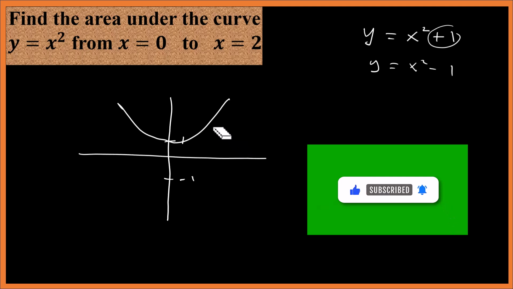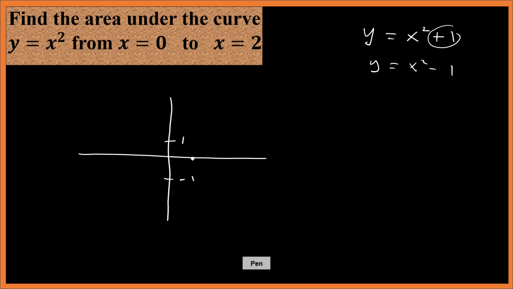But the question is x squared, so it means x squared plus 0, okay. Let me indicate my 0 here. So the curve will pass through the origin this way, okay. Now let's label this side well.